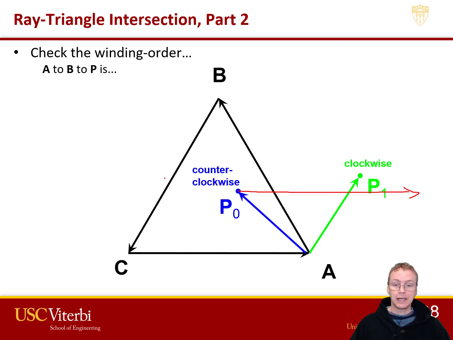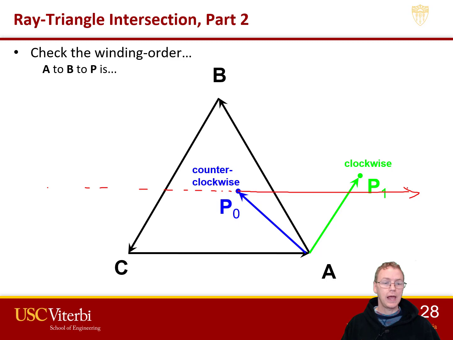And so what I'm saying is, does this ray cross, find this point of intersection, is it in front of or behind point P0? And do the same thing for here, and then see, oh, this one's parallel, so there's no answer there.